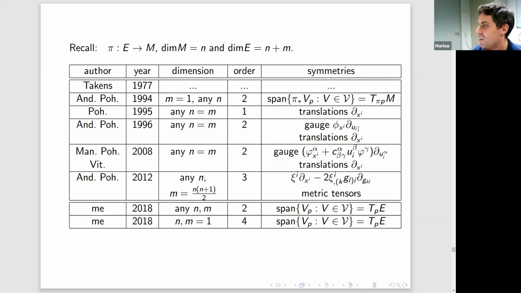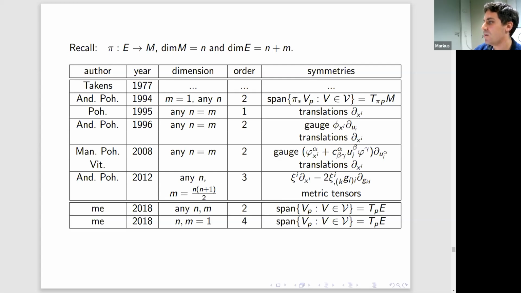So again, translations, but also gauge invariance. And I mean, gauge invariance and translations is very special. I mean, translations is an abelian symmetry group, which is in some sense easy to handle, and gauge invariance is also special because it's an infinite dimensional symmetry group, and it's very large and has strong implications and so on.